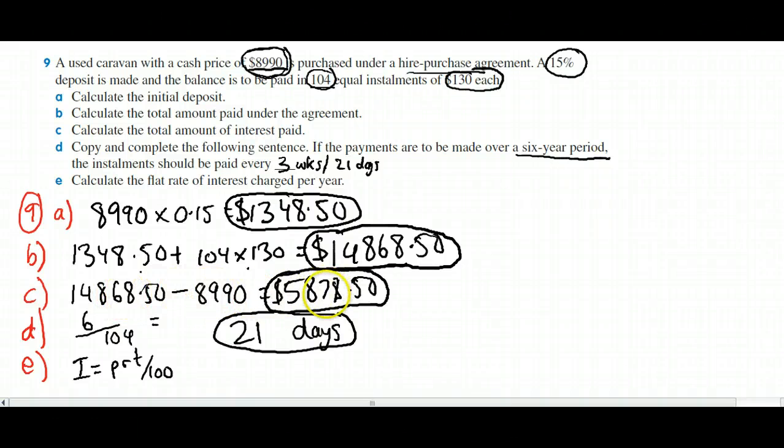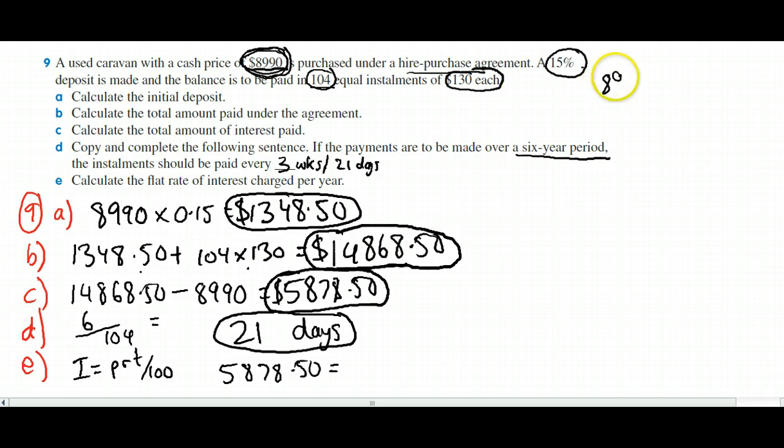That was part C. So that's the amount of interest that's going to be paid, 5878.5, and that's equal to the principal. The principal is the amount that had to be paid back after the deposit was made. So that's the cash price. After the deposit was made, that amount left over was the principal, the starting amount of the debt.